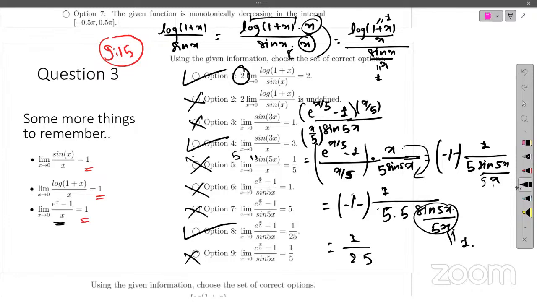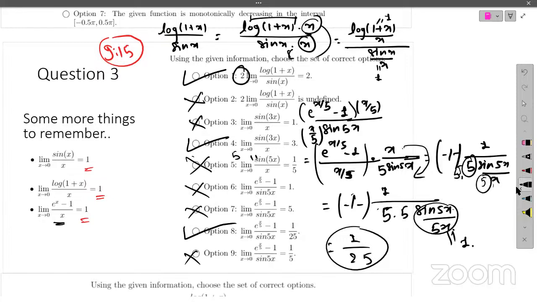Now here I want 5, so I multiply and divide by 5, because then the term will remain the same, right? We can multiply and divide by some constant, then the limit will be the same. So if I multiply and divide, we attain our required form sine 5x by 5x, and this limit will become 1. And since there is a 5 here, and I also multiplied by another 5, it will become 25. So that's why it's 1 by 25.